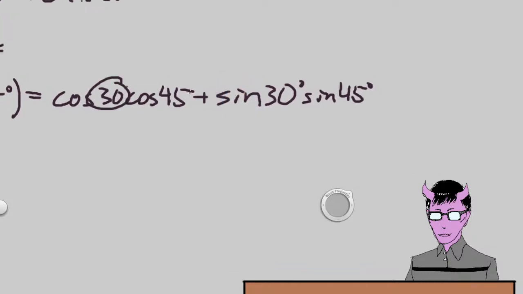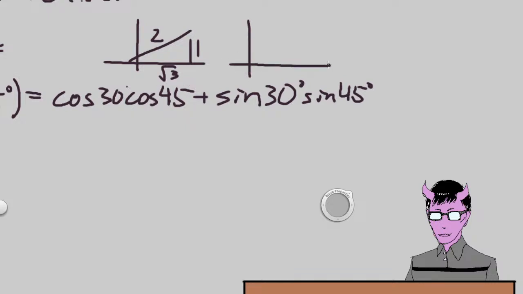Alright, and these are very nice quadrant 1 reference angles. That makes our job much easier. And the 45, 1 root 2.